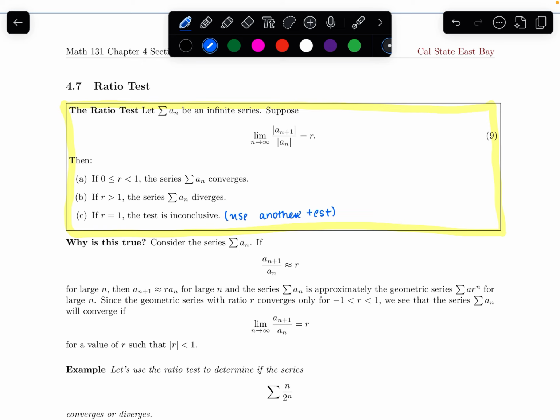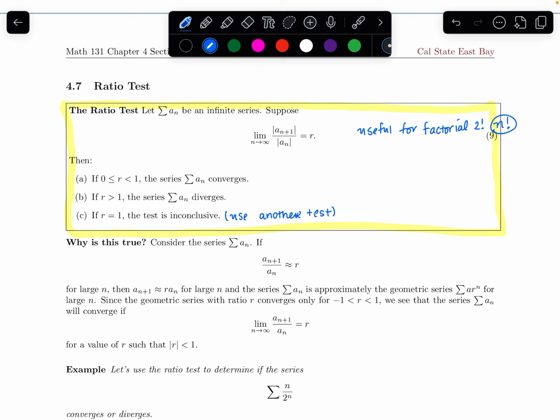A couple of places this particular test is useful that I like to be aware of. It's useful for factorials. Remember, our factorials were like 2 factorial, n factorial. This is where we're going to find it useful.